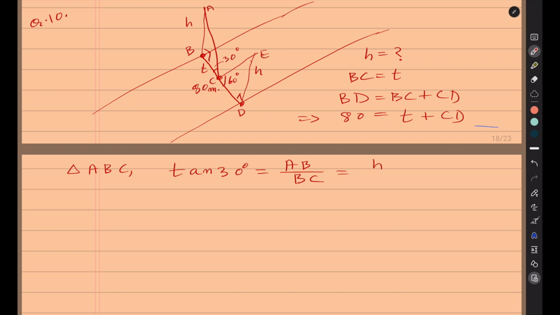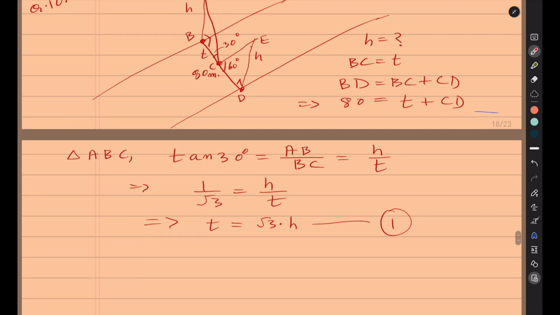So this is what we have assumed. Let it be h, let it be t. So tan 30 degree is equal to 1 divided by root 3, so h divided by root 3. So this also gives us the value of t as root 3 times h, where h is the height of the poles. Okay, so that is one of the findings.